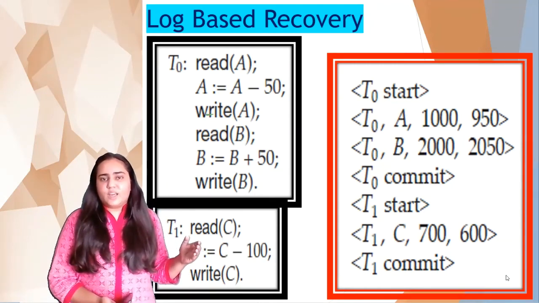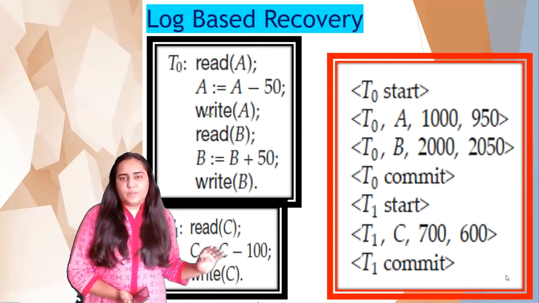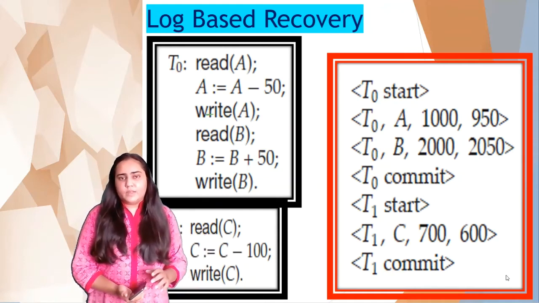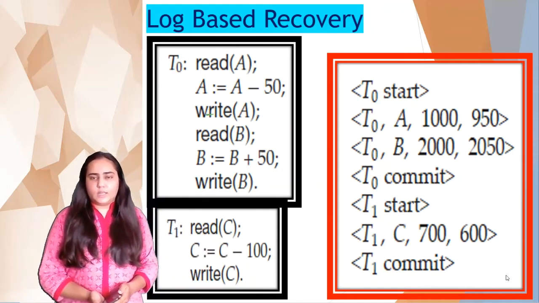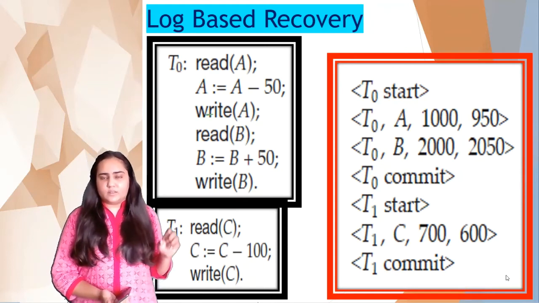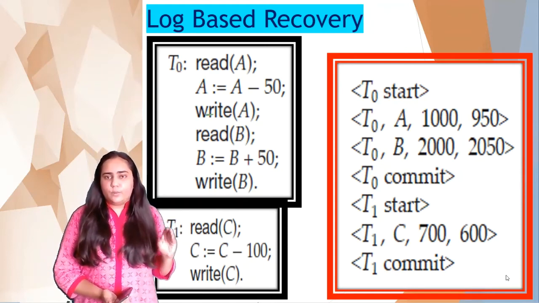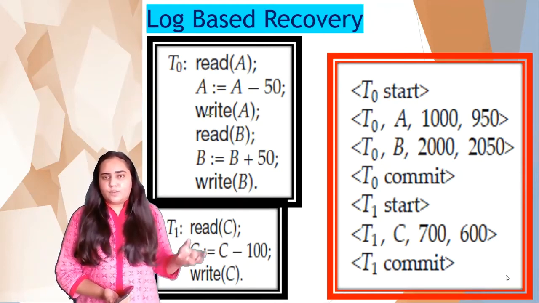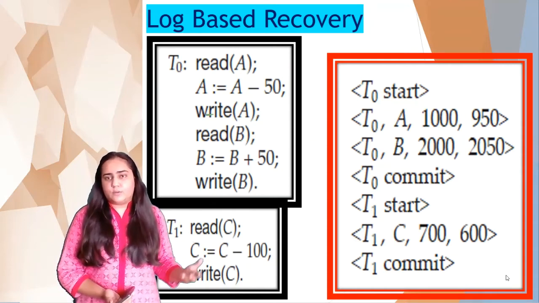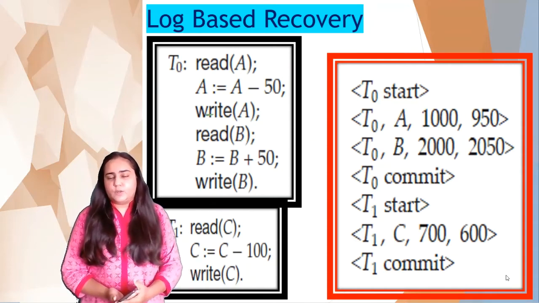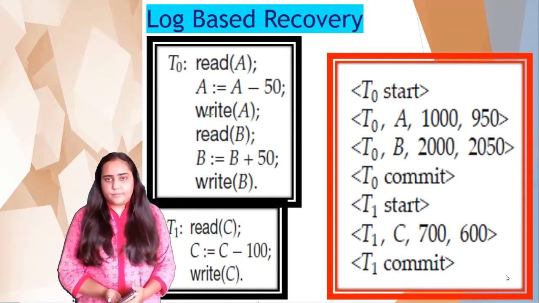Then next we have the same transaction performing plus 50 in B. Once again, there's an entry T0, B, and the old value, let us assume, is 2000. Then the new value is going to be 2050.